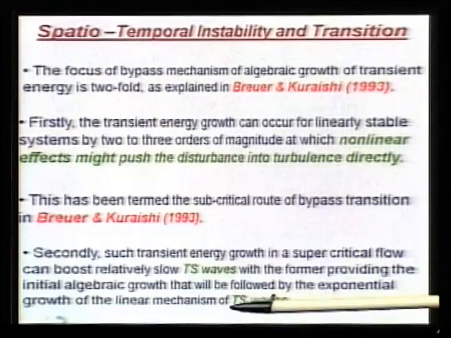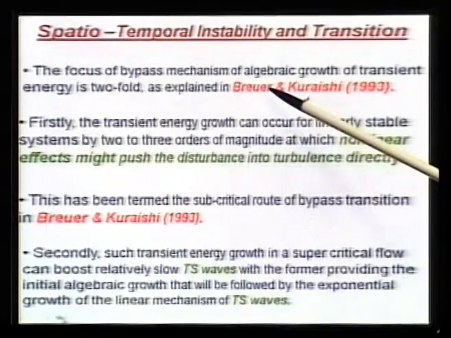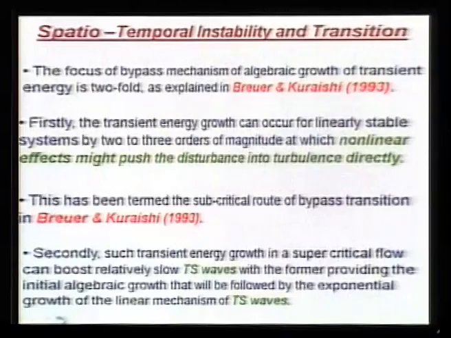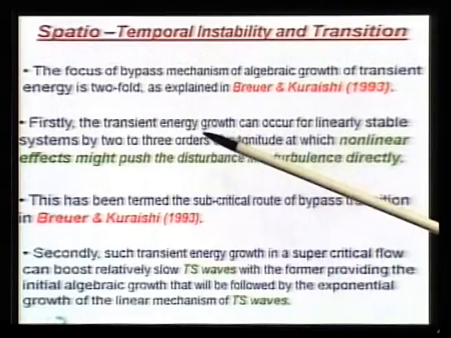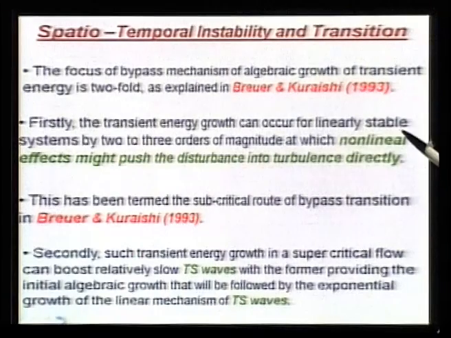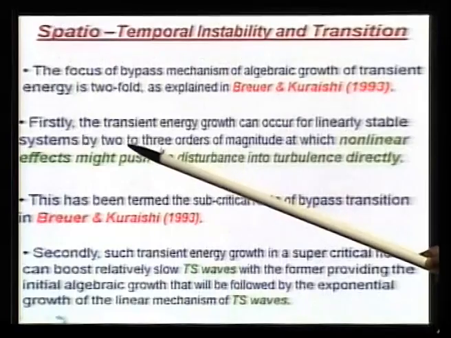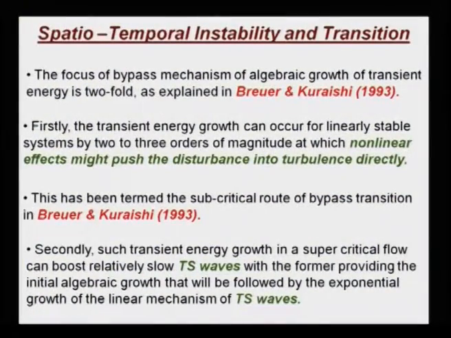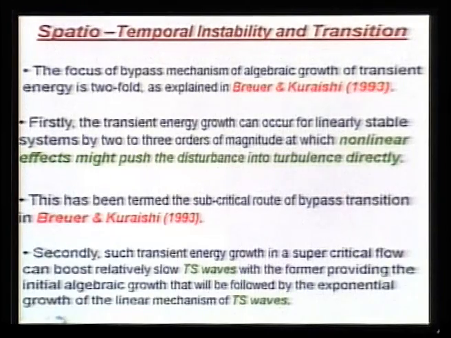The reason that this is of interest is that it could lead to a transient energy growth itself as the primary event, which will lead to growth of disturbances by order of 100 or 1000, where nonlinear effects can directly come in and you would get turbulence directly.